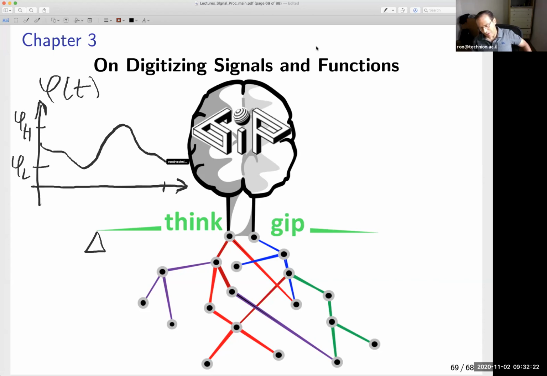What I will have to do is quantize the temporal domain, the x-axis, usually uniformly, and then quantize the values that I assign. Assume that I have only a specific number of bits, and we will somehow have to compete between how many bits we allow to the x-axis and to the values axis.